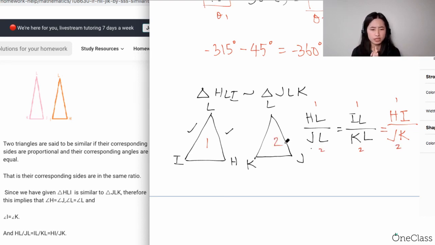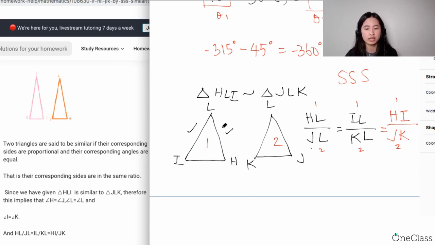Okay, hopefully that was clear, because this is the SSS theorem, so it has to be sides. We're not looking at angles here. Being proportional for the three sides doesn't mean that all the angles inside are going to be exactly the same. However, because it's based on the SSS theorem, you can say that this angle L is going to be congruent to the other angle over here. Does that make sense?